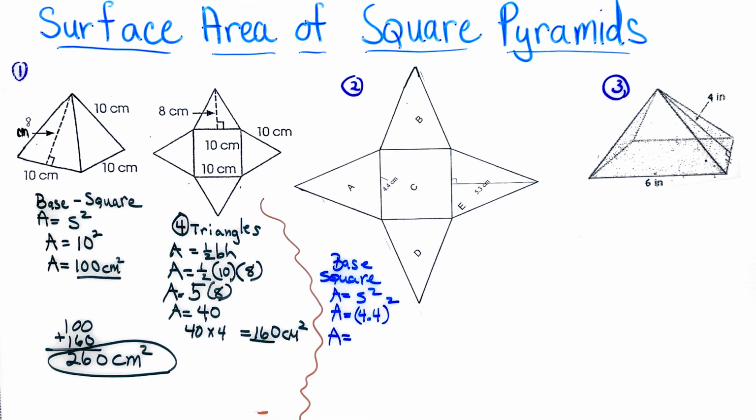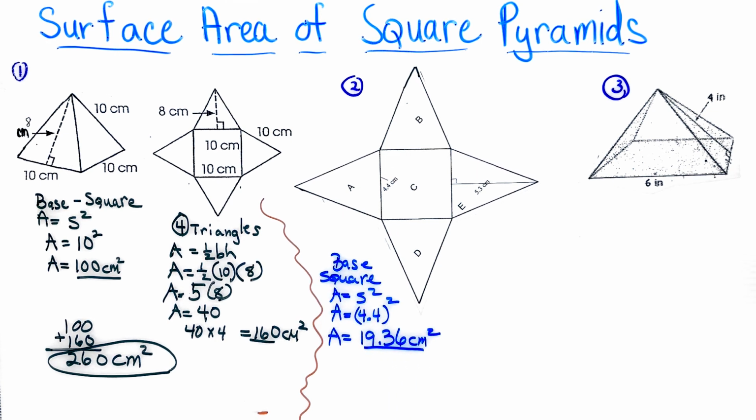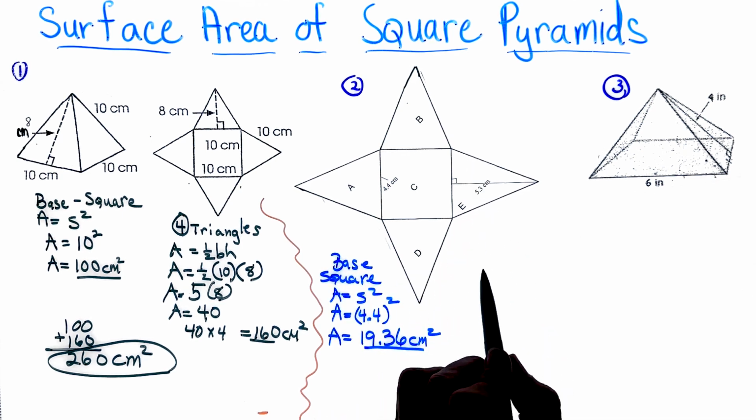And so when we do 4 4/10 squared, we end up with 19.36. And again, we know that's centimeters squared. So here is our first number that we need for the base. And now we're going to find the area of the triangles.